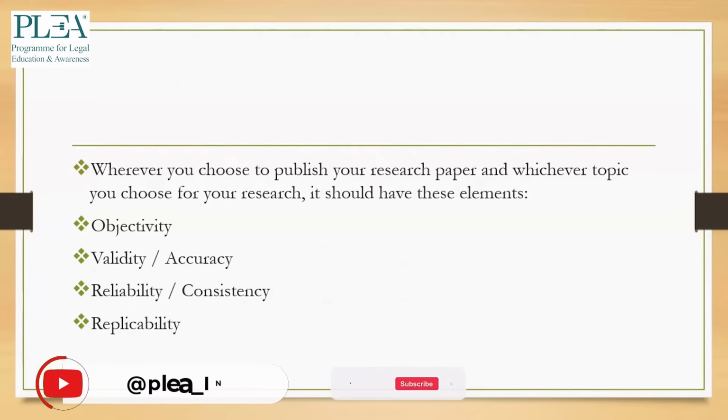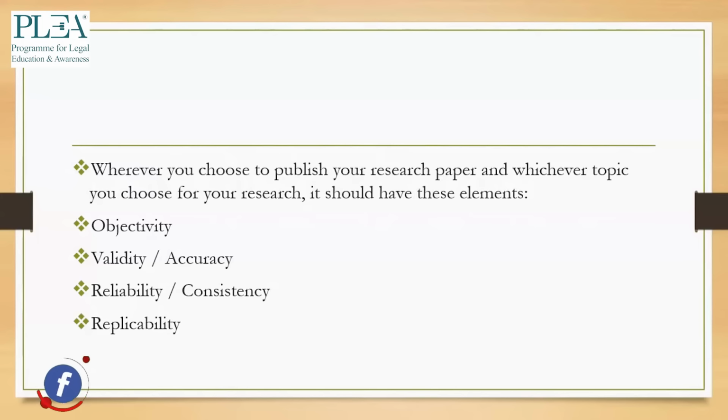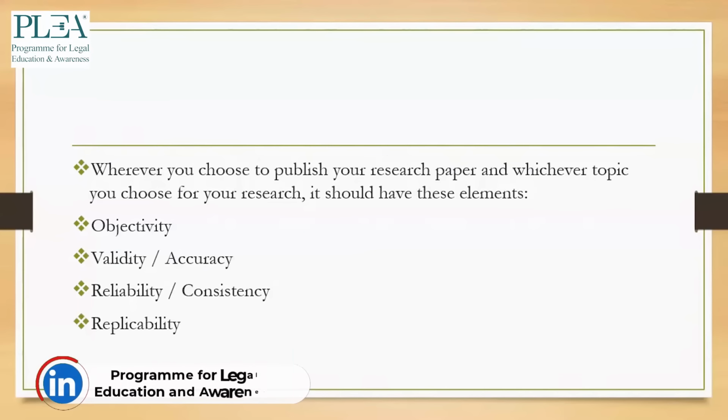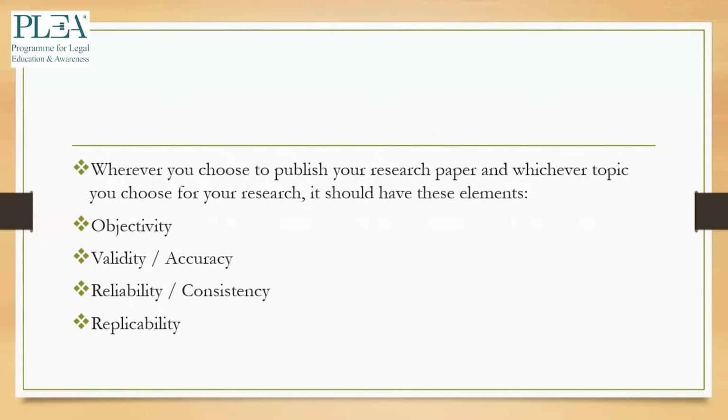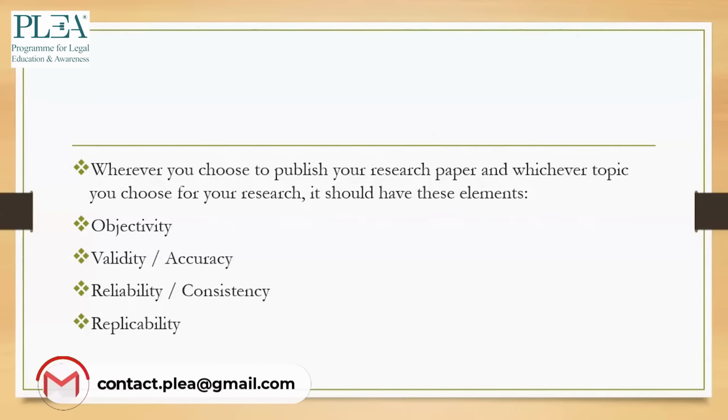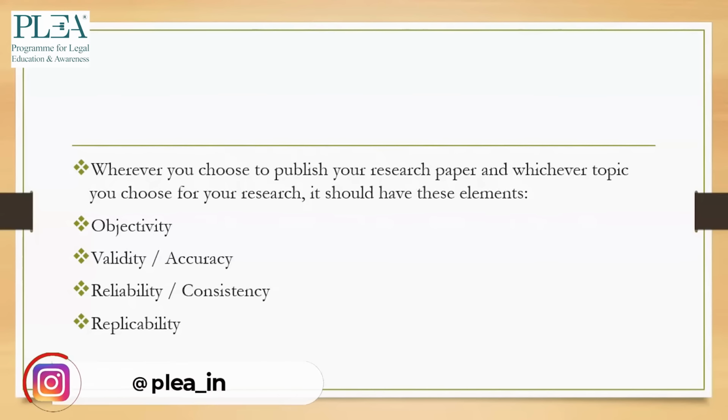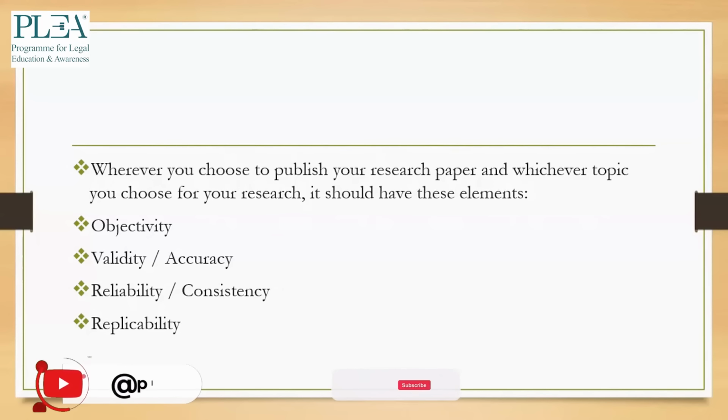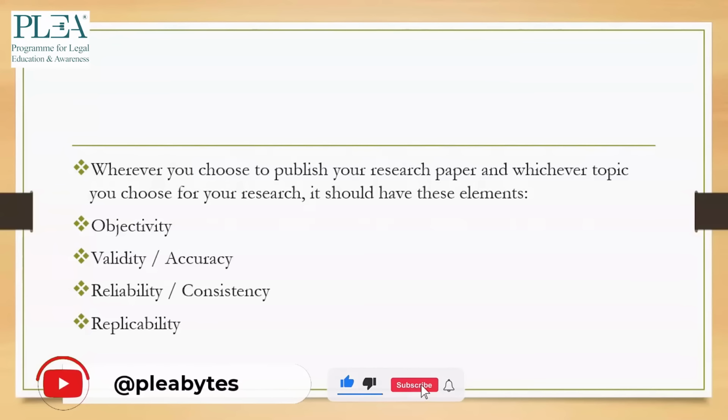Reliability, consistency, it should give the same results. If the same experiment or the same research is replicated, done again in some other setup, it should give the same results. That is reliability, replicability, consistency. These are the essential characteristics of your research, irrespective of whatever topic you choose, whichever theme you take up, whatever problem area you choose, and wherever you publish. These are the essential criteria: objectivity, validity, accuracy, reliability, replicability, consistency.